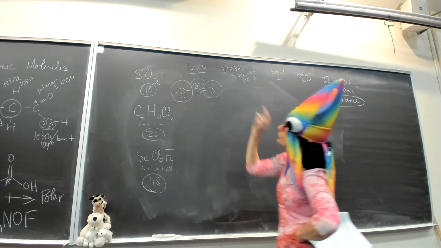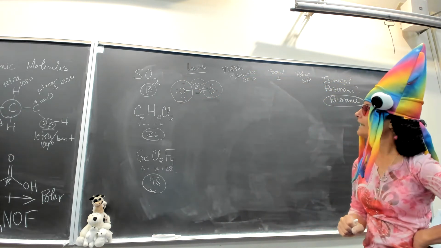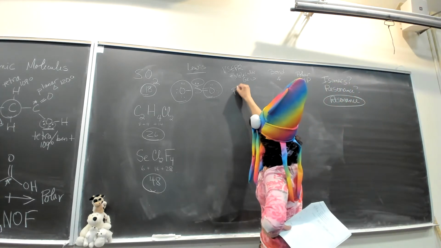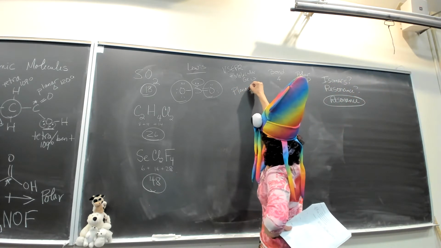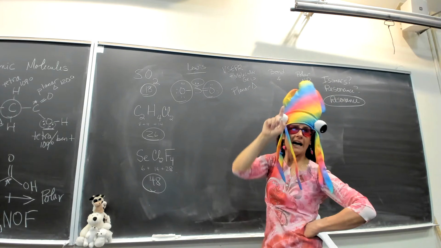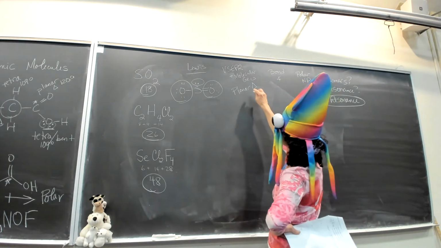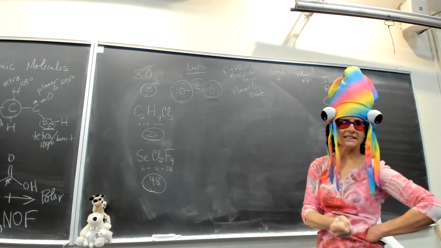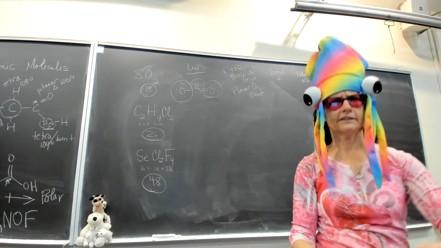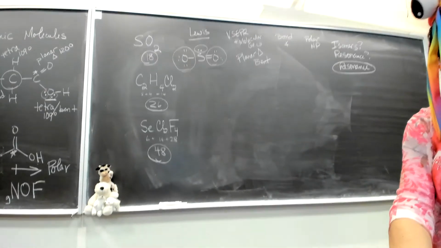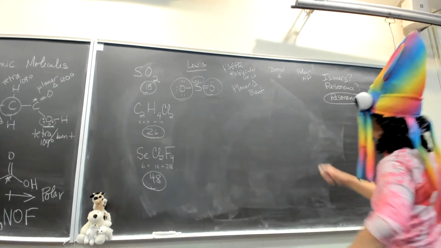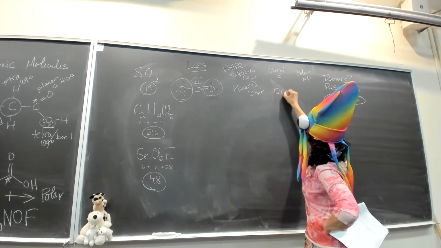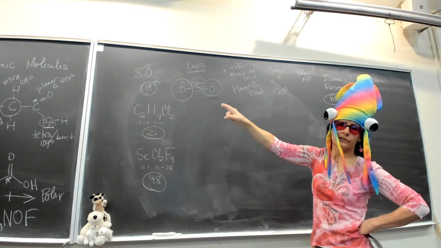So SO2 has 3 clouds, so we would say it's a trigonal planar, but one of the clouds is a lone pair. So if you have a lone pair on the center, you're going to have a second answer, which is the molecular geometry, and so you would say bent. And I apologize, there seems to be a lot of glare. 120 degrees. It is polar because of the bend.